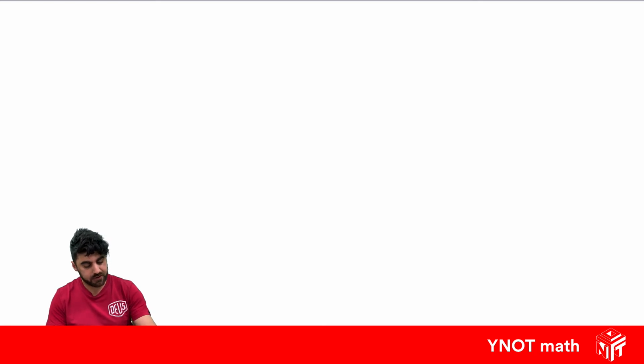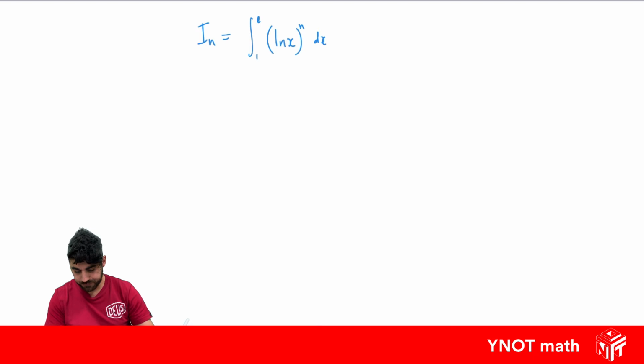Let's have a look at another example. Let's look at I_n, the integral from 1 to e of (ln x)^n dx. So here we're going to need to use integration by parts to get the reduction formula.